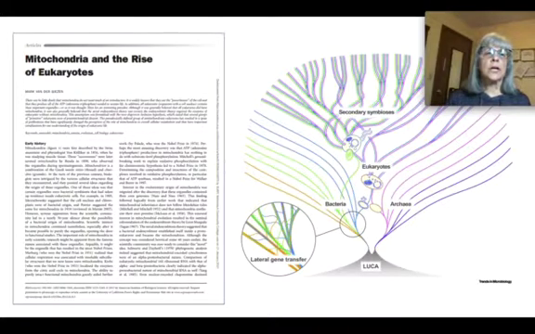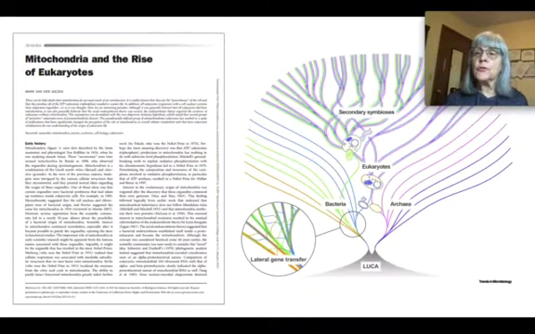Now, how does that fit into the big scheme of things? This article kind of explains it. It actually explains two theories, okay? Generally, the theory is called the endosymbiotic theory. What that says is that mitochondria came about in one of two ways.